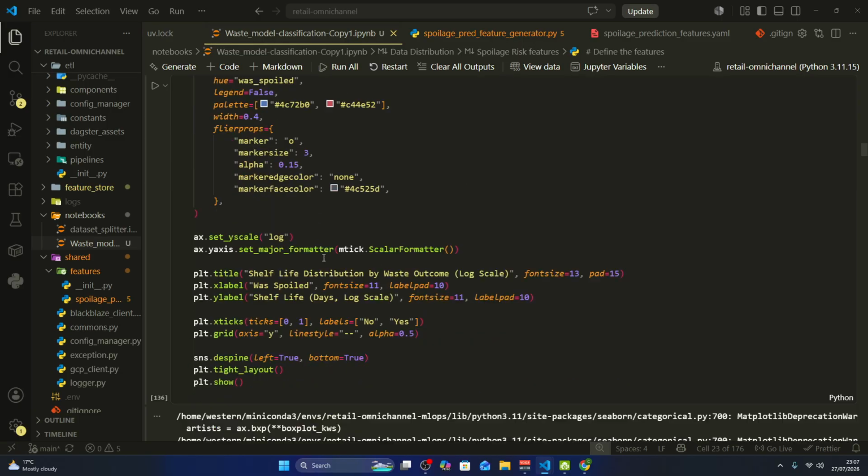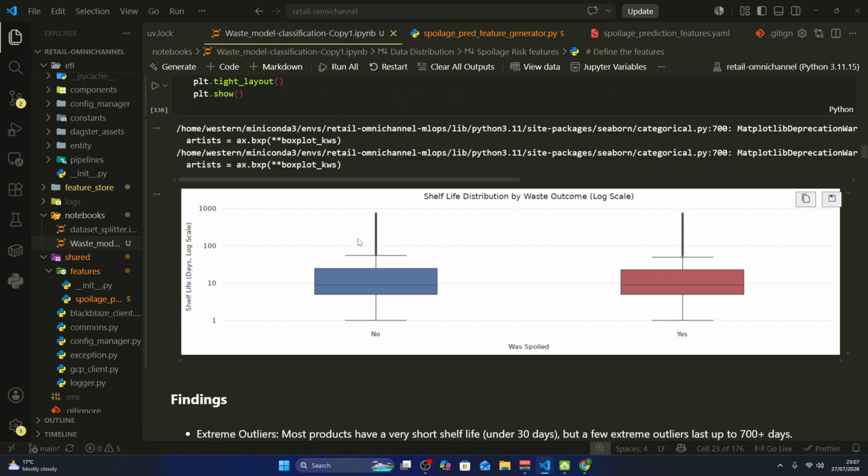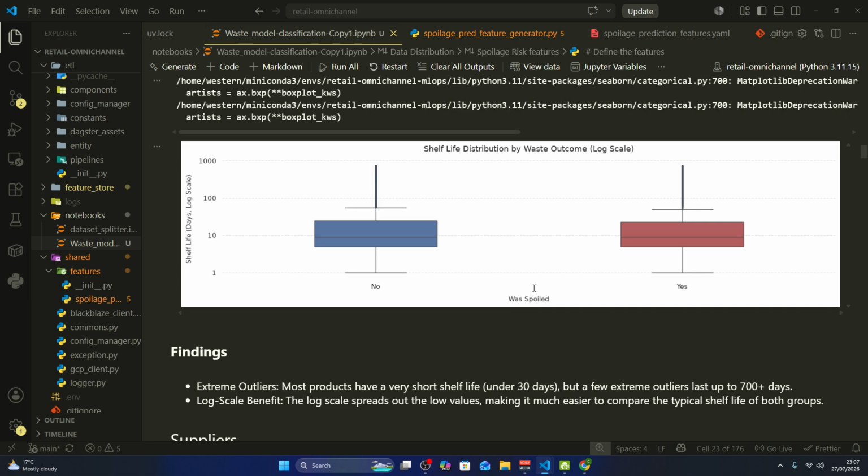Then shelf life versus the waste. Yeah, you have extreme outliers. That means most products have a very short shelf life, under 30 days, but a few extreme outliers last up to 700 days. So there are some products with a longer shelf life.